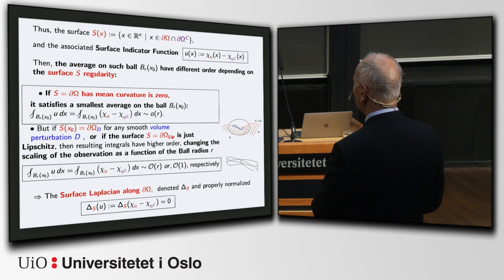You have the U of x, and you have this quantity B of R of x0, U of x, right? And this is equal to the average, remember this integral with the line, of capital sigma minus capital sigma complement, right? So we have the average.